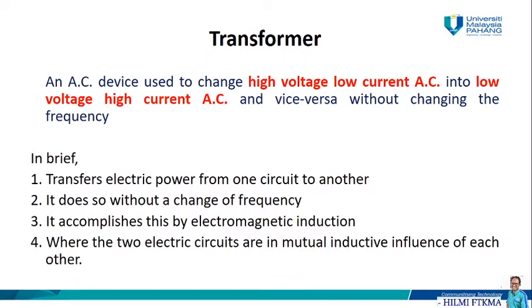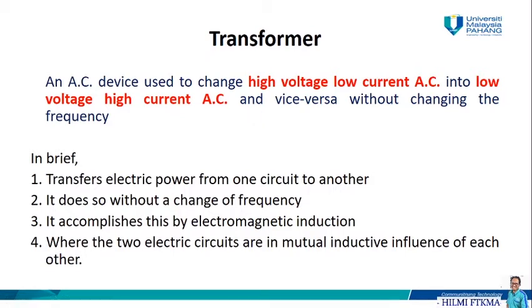Next, we are going to learn about the transformer. A transformer is an alternating current (AC) device which is used to change high voltage, low current AC into low voltage, high current AC, and vice versa.